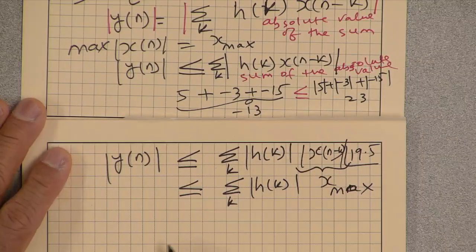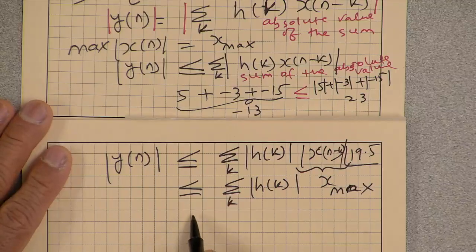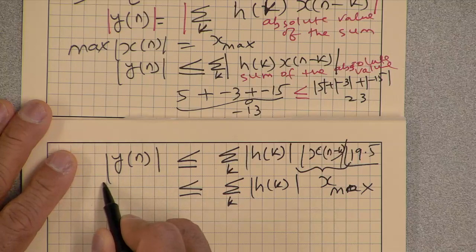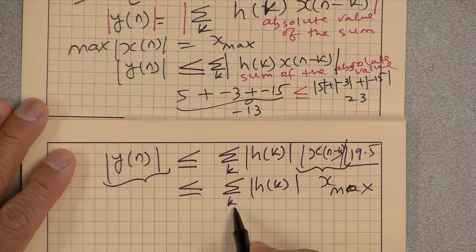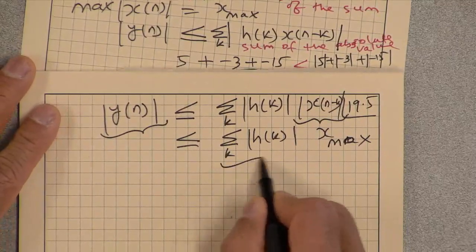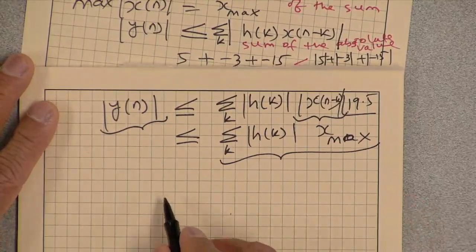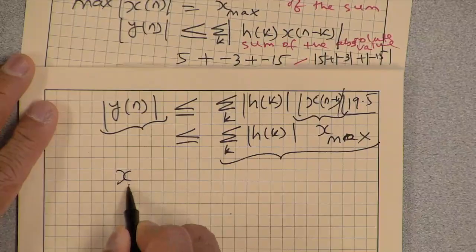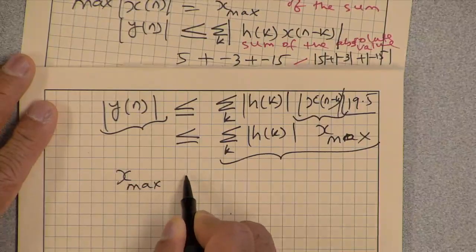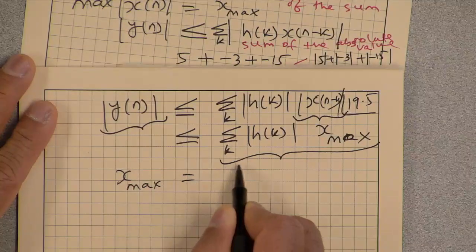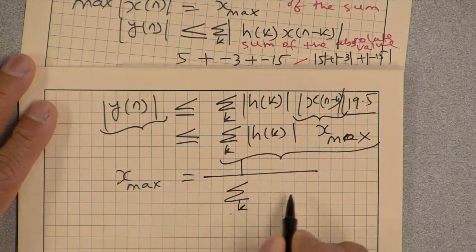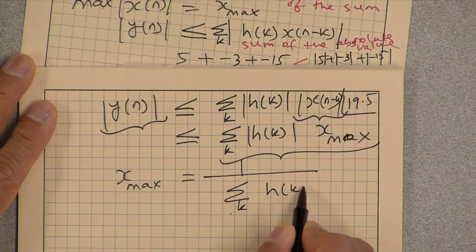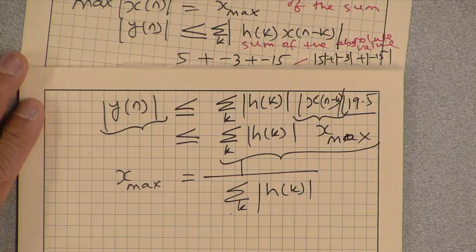Which means that to guarantee that yn is bounded between minus 1 and 1, we can set this quantity equal to 1, and that says x max should be 1 divided by the sum over all k of the magnitude of hk.